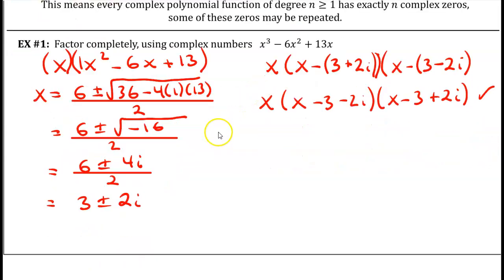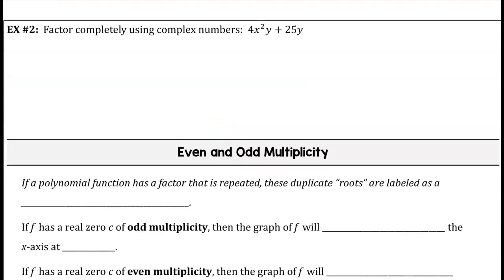Okay, so let's try another. Number 2. Look for your GCF just like we did on the last one. Notice how they both have a y, so we can factor that out. Left with 4x squared plus 25.